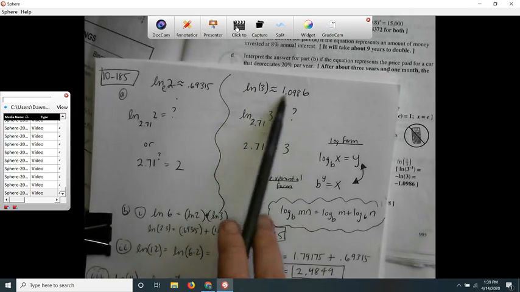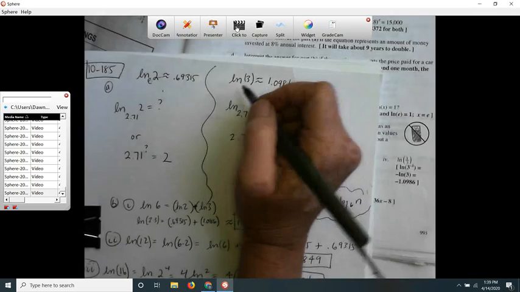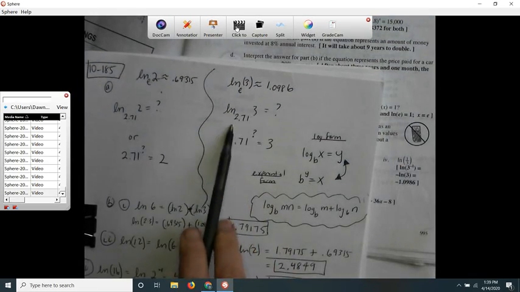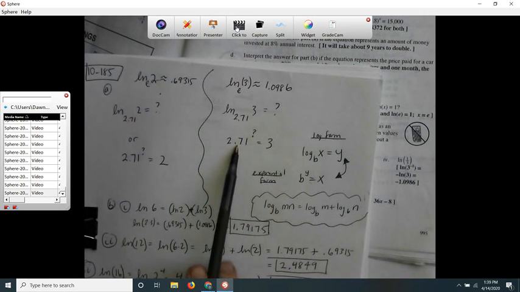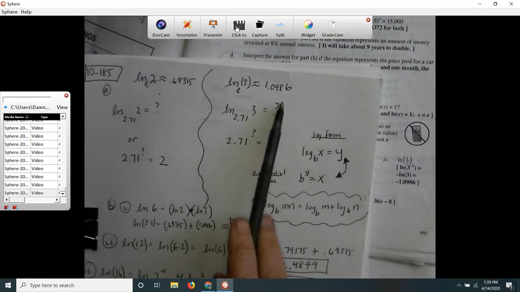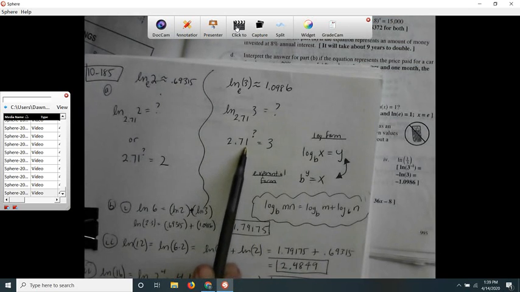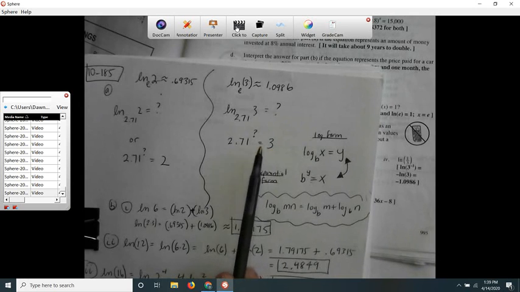And then likewise for this one, this is ln base e of 3. If I put this in exponential form, I'll have 2.71 raised to what power equals 3? Well, 2.71 raised to the first power would be 2.71, but that's too small because we want to get 3.